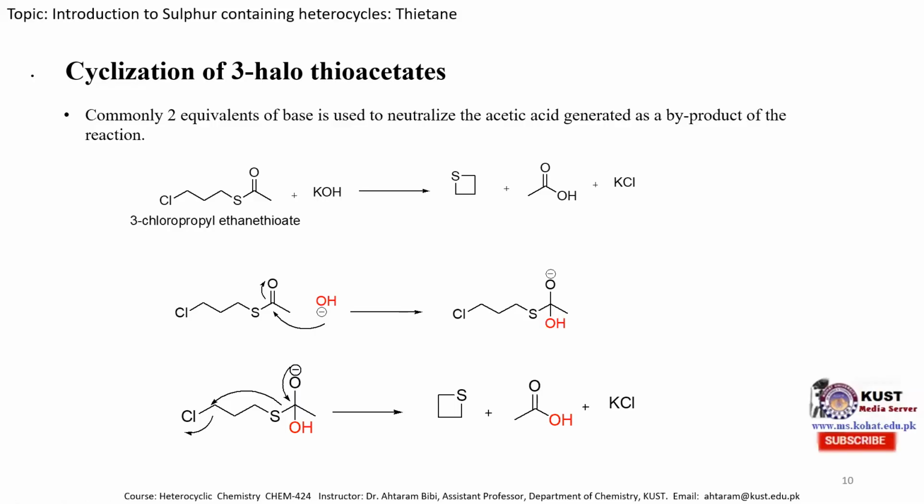So the chloride ion combines with the base's potassium counter ion, producing potassium chloride, and we obtain the Thietane molecule, and carboxylic acid, acetic acid, is produced as a byproduct. So this is one of the simple methods for the preparation of Thietane in the laboratory, that when the 3-chloropropyl ethane thioate is treated with a base, one can easily obtain the Thietane molecule.